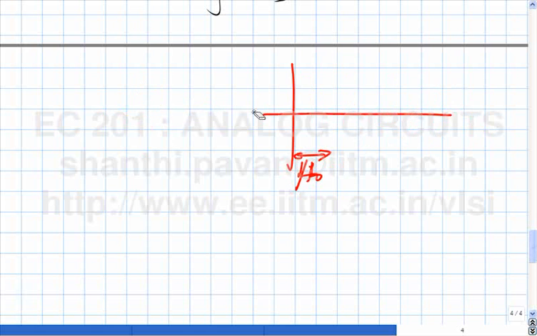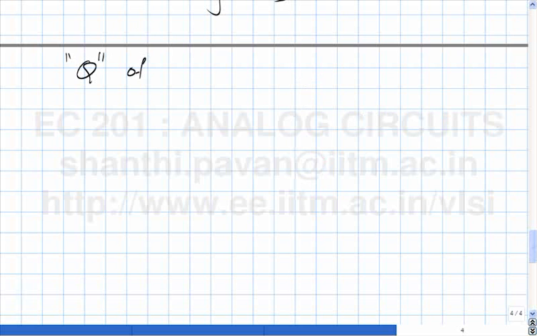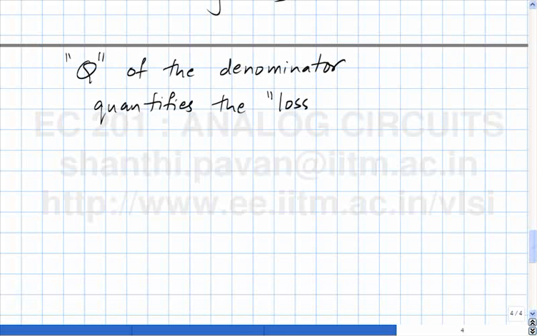For an amplifier, the Q of the denominator quantifies the losslessness of the system.